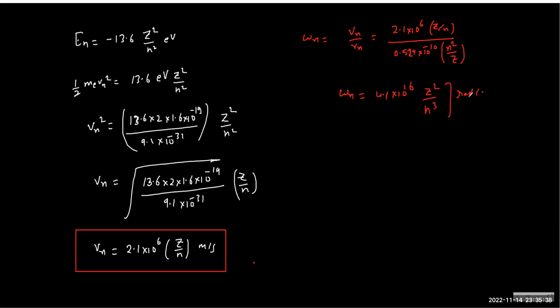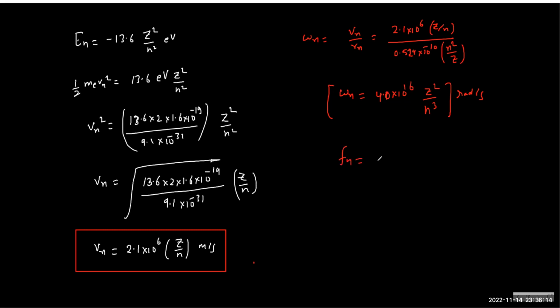Radian per second. That is correct, no? That is for 2.1 by 5.3. How much is that? Roughly, I just guessed 4.1, less than that. Is it 4.2? It's 3.96. So we can take 4 only, no? So 4 into 10⁻¹⁶ is fine.